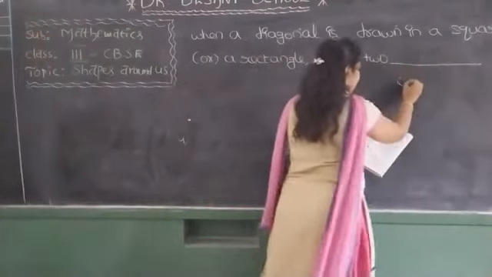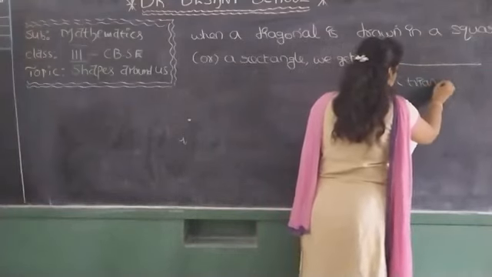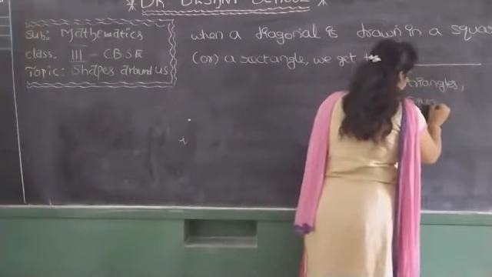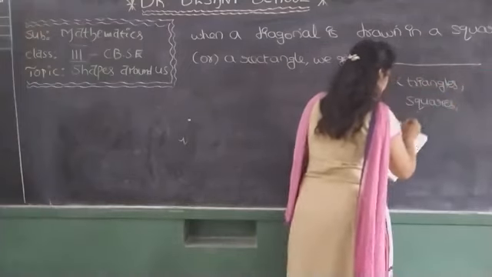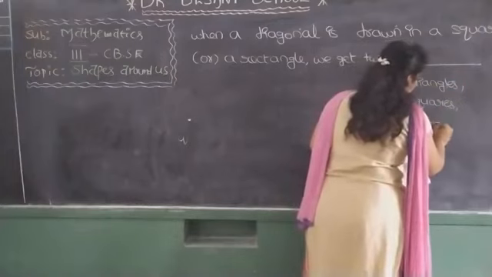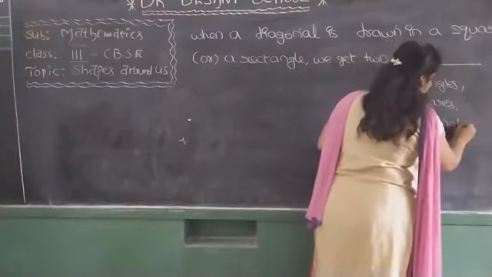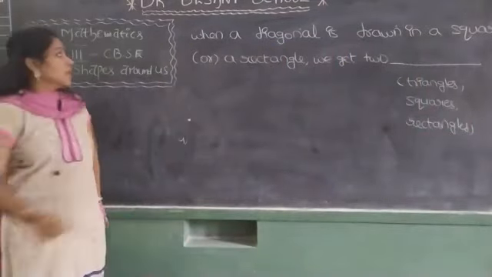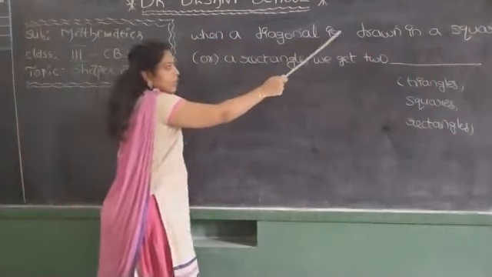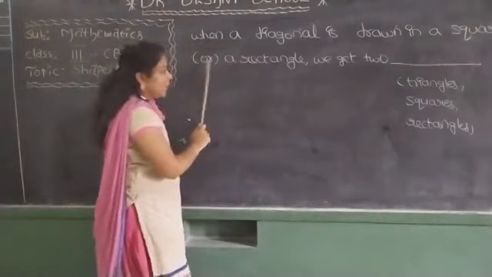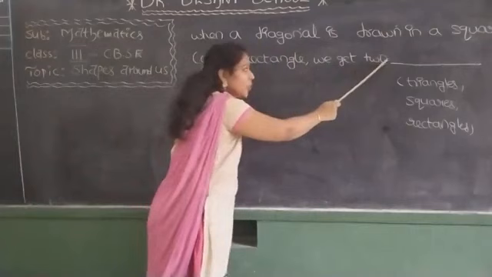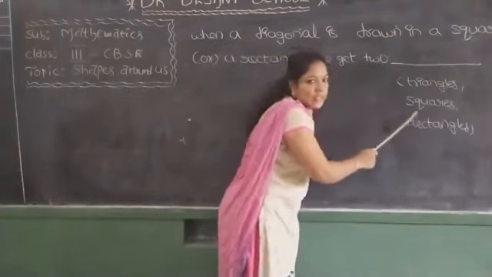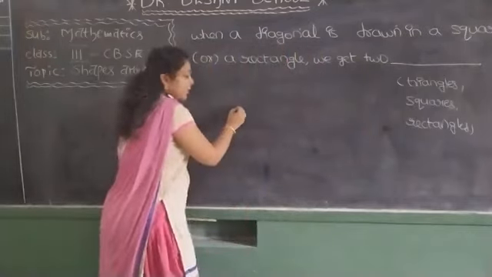Here options also given: triangles or squares or rectangles. What is the answer? You have to write in the blank. Now let's see for the question. When a diagonal is drawn in a square or a rectangle, we get 2 dash. Options: triangles, squares, rectangles. Now we will check.